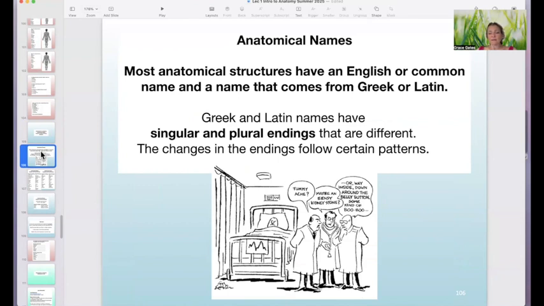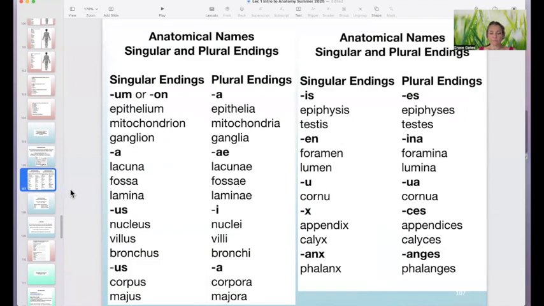And that means that you're going to have to learn single and plural endings for Greek and Latin names because they're different, just the way our language has different words for single things and plural things. Okay, hats, things, like that. The changes in the endings do follow certain patterns, and here's a big old list showing you the patterns.